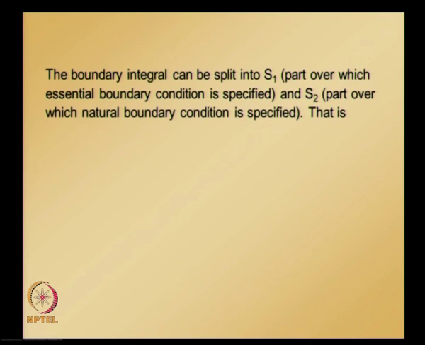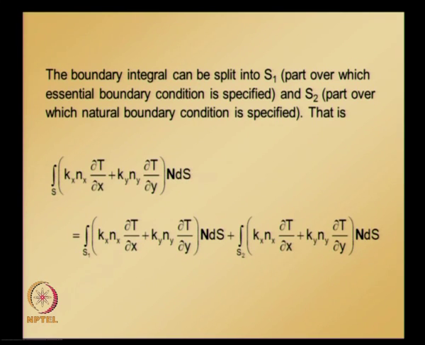the boundary integral can be split into S1 and S2, that is this integral, which is integral over the boundary S, can be written as integral over S1 plus integral over S2, and integral over S1 is unknown because essential boundary conditions are specified.